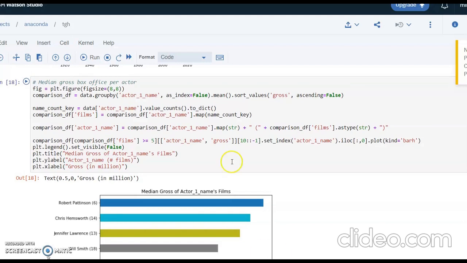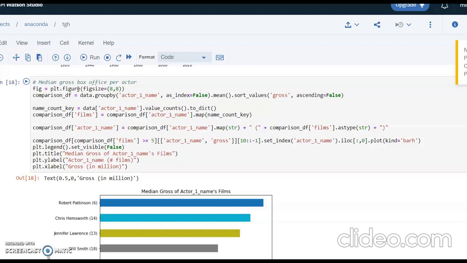So median gross box office per actor. What I was trying to do is group the data by the actor's name and the gross. So you have the actor's name and the gross. Then we're going to find the gross value the movies have, and see which actor makes the movie gross the most.